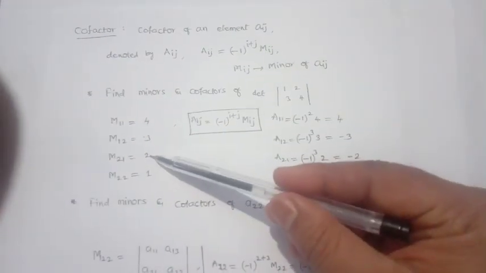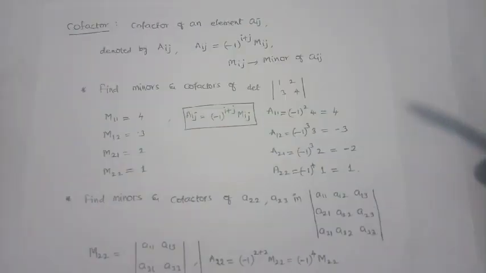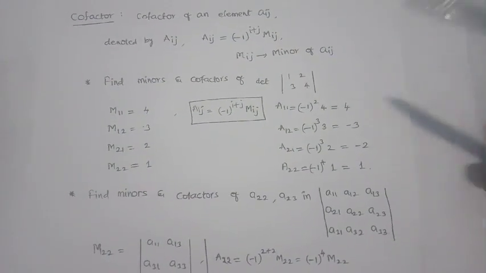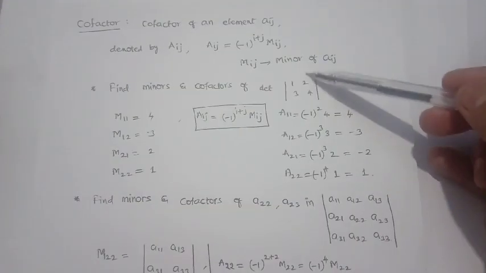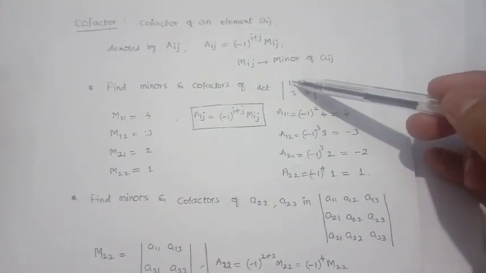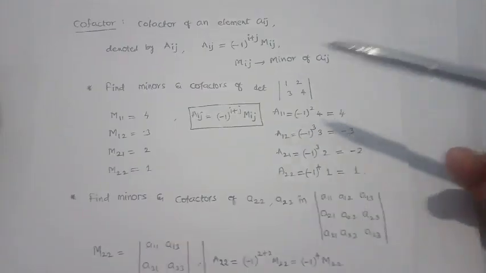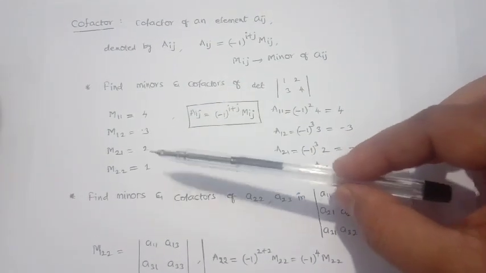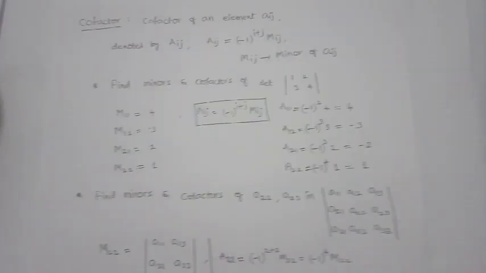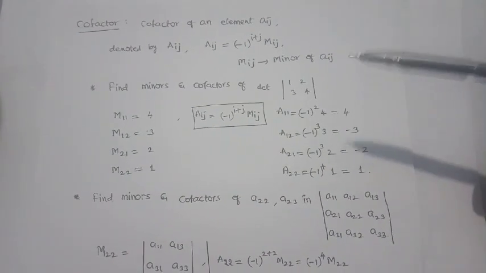That is, M21 is equal to 2. Coming to the last, M22, second row, second column, the remaining element is 1. So the minors we found are 4, 3, 2, 1.